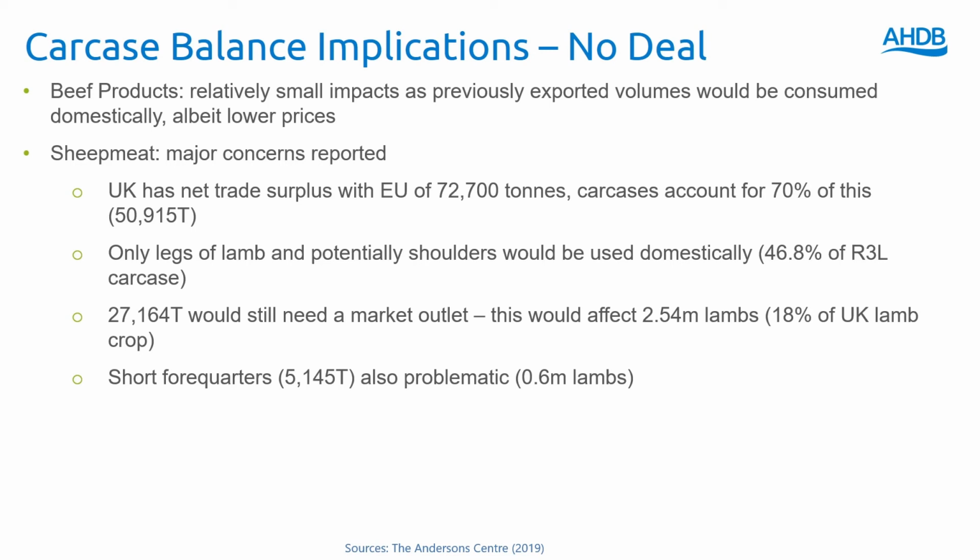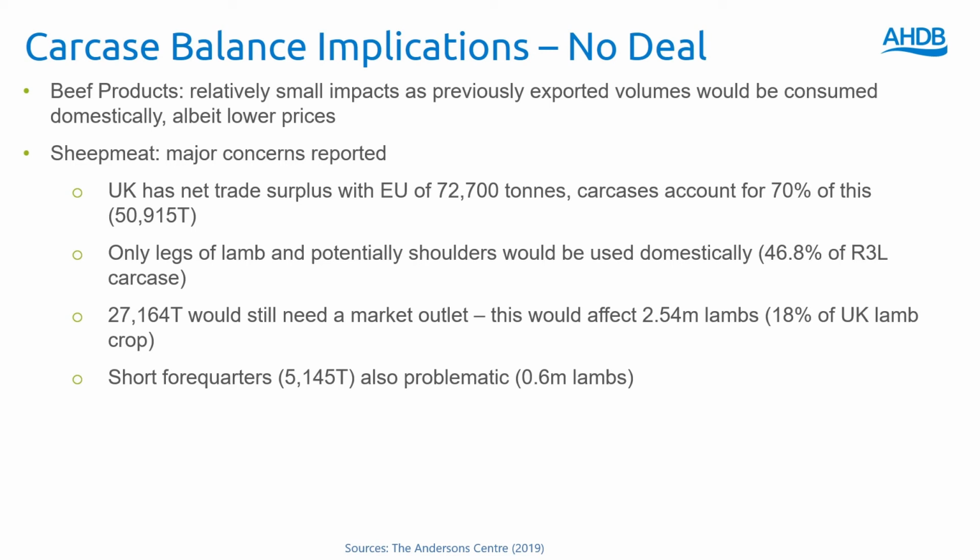So if we look at carcasses as a risk area, and look at what proportion of those carcasses could potentially be consumed domestically in the UK, it's typically the legs of lamb, potentially the shoulder cuts as well, that could be used domestically. And that would equate in a typical R3 carcass to just under 47%.